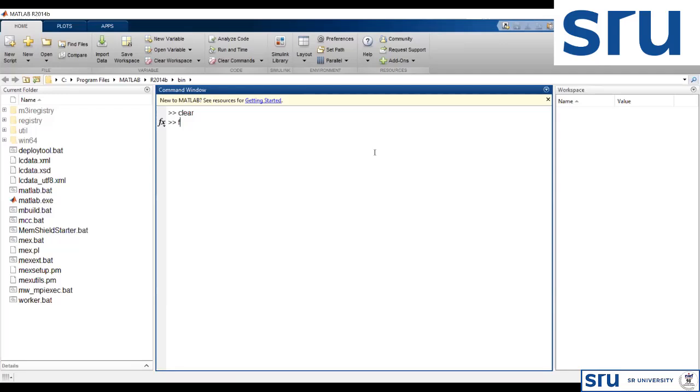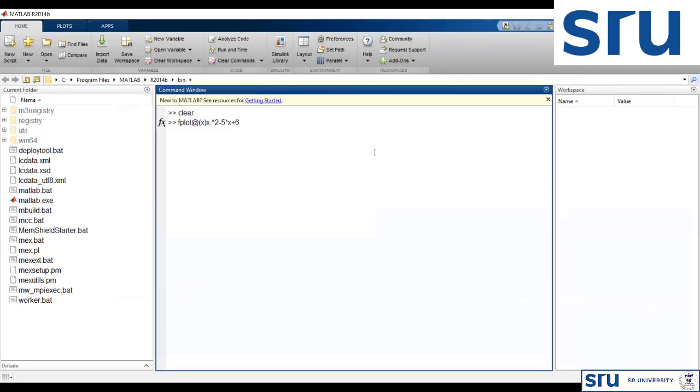So we will use the fplot command, fplot at the rate of x, then write out your function: x squared, so x to the power 2 minus 5 into x plus 6.